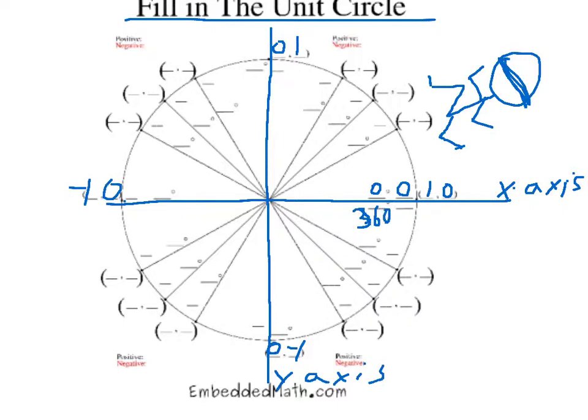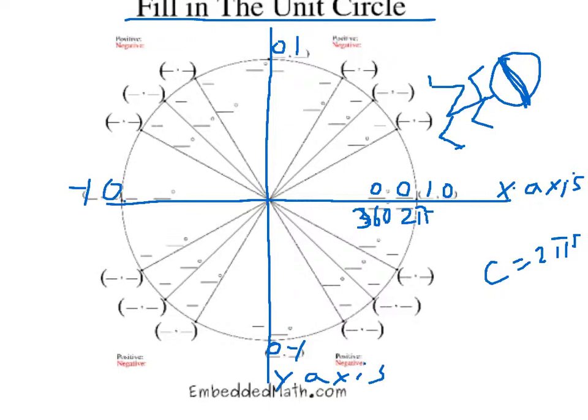Okay, so if I went all the way around the circle in degrees, that would be 360 degrees. All right, and if I went all the way around the circle in radians, well, we always say the circumference of a circle is 2 pi r. So this r happens to be 1, so in radians would be 2 pi all the way around the circle.